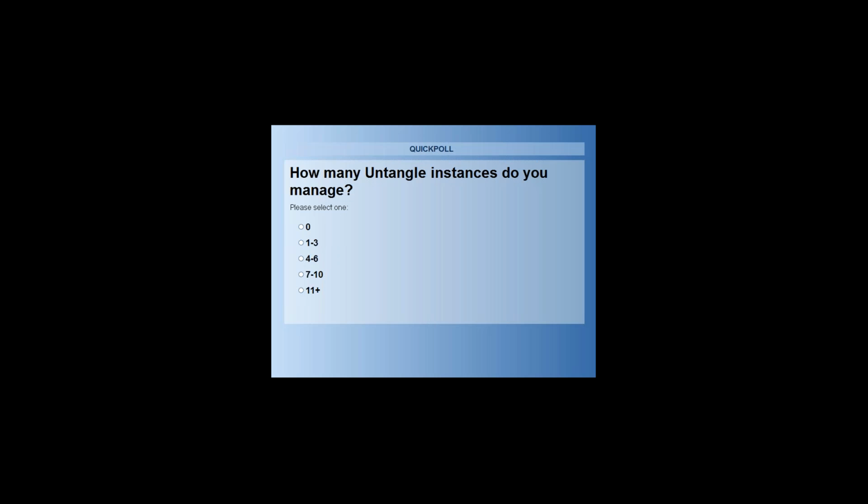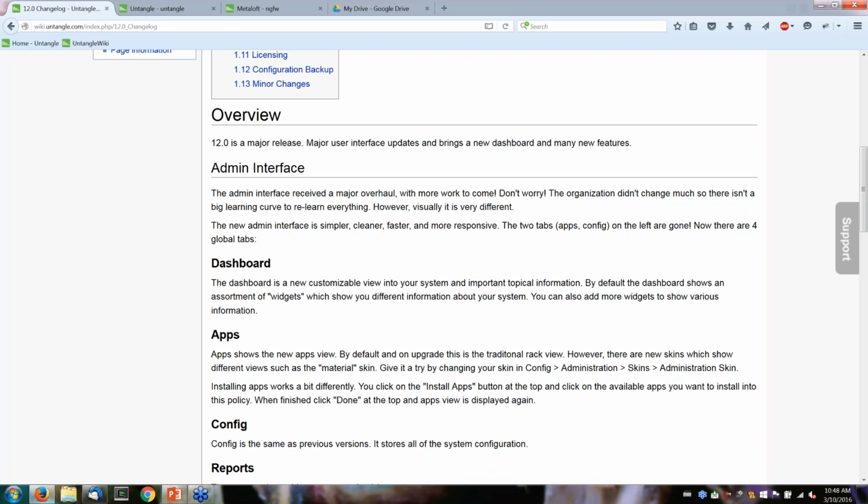All right, seems that 1 to 3 seems to be the most popular answer. Let's see, and then followed by that, 4 to 6. We have a few people that have over 11 though, so that's pretty interesting. Wow, a lot of people. Cool. All right, so thank you so much for that. We're trying to gather this information just for future development.